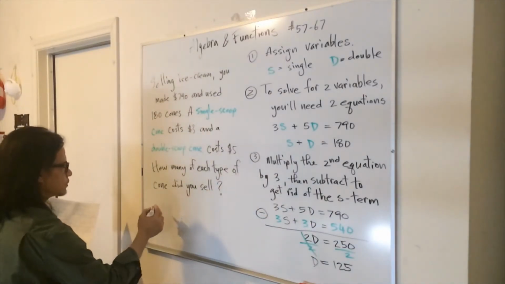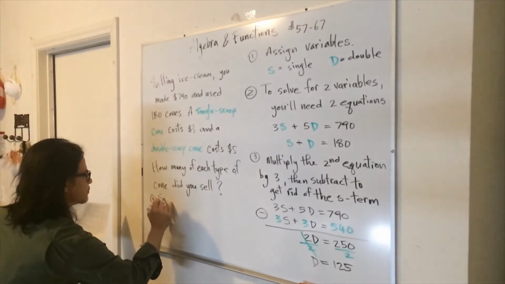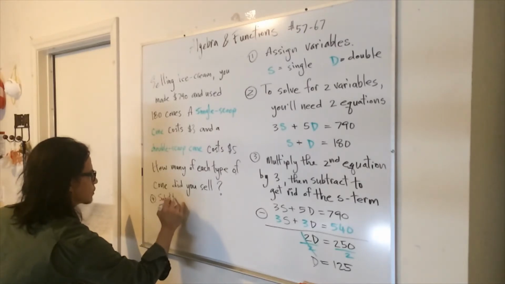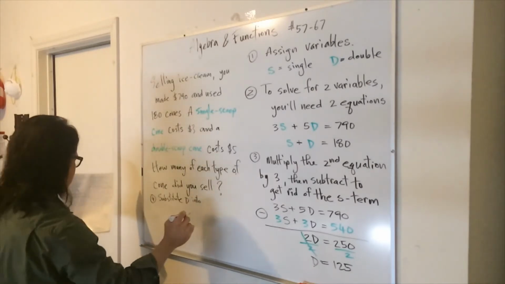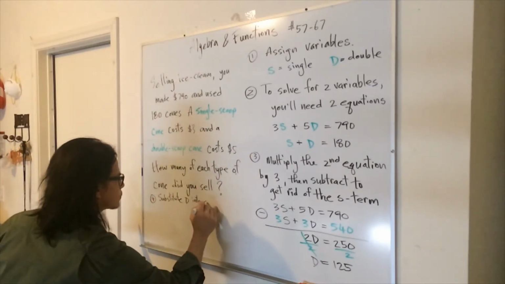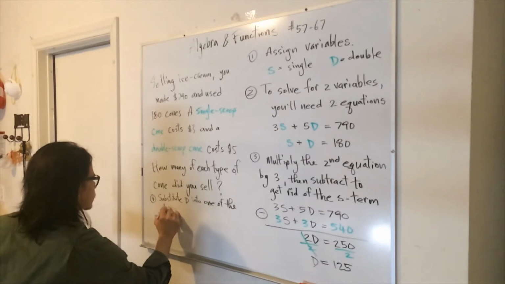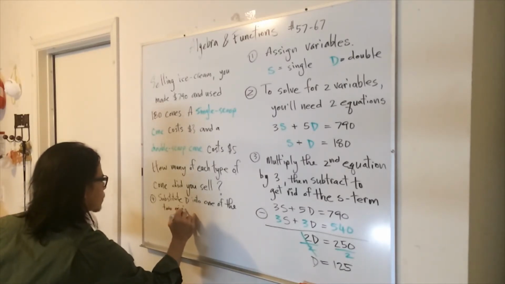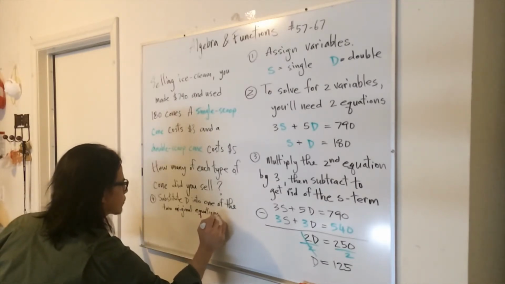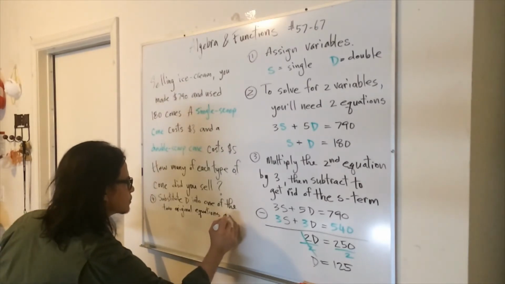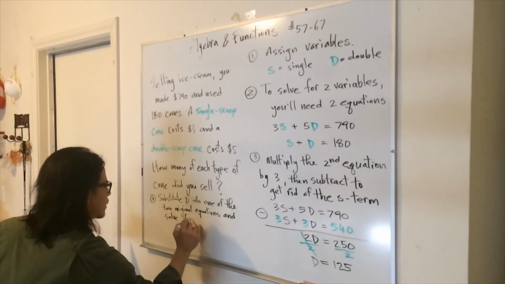Okay, so step 4, to break this down for you, we're going to substitute d into one of the two original equations and solve for s.